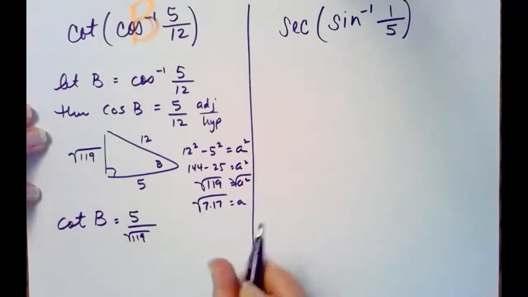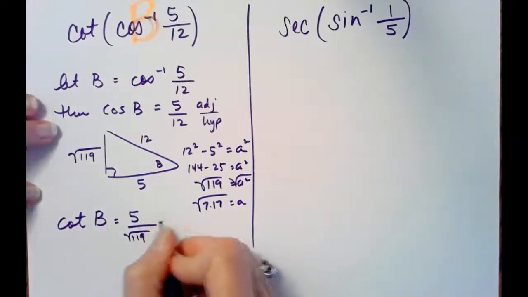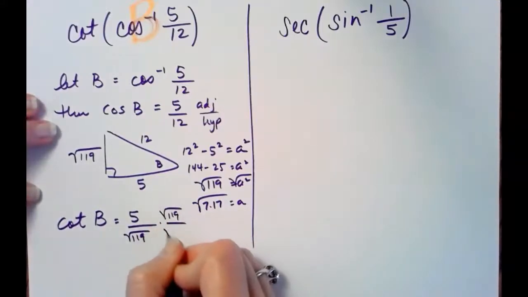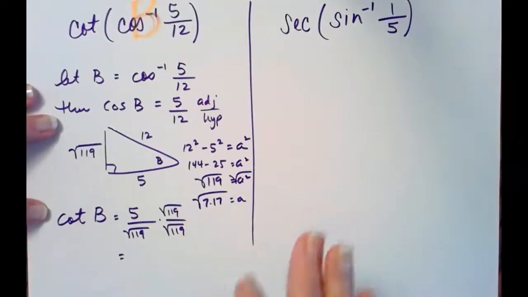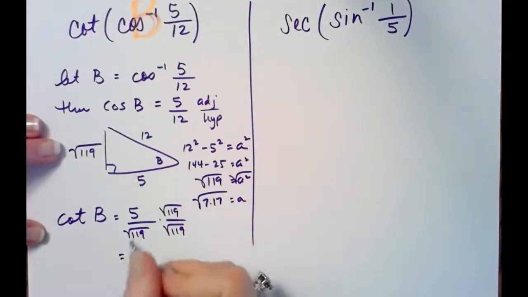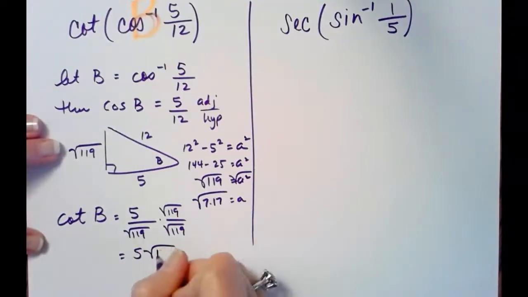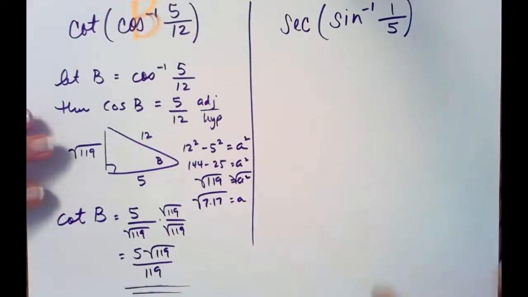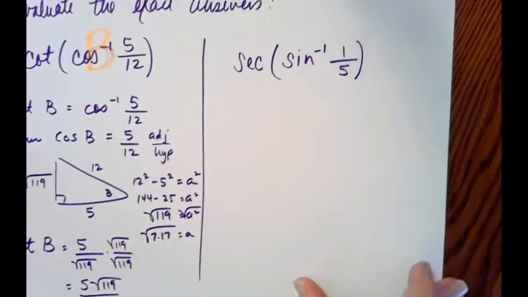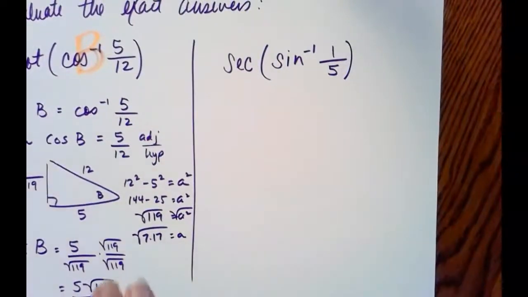We're going to be thorough here. We're going to rationalize our denominator. So we're going to have to multiply by root 119. We get a final answer. The exact evaluation of 5 square root 119 over 119. That is the answer.